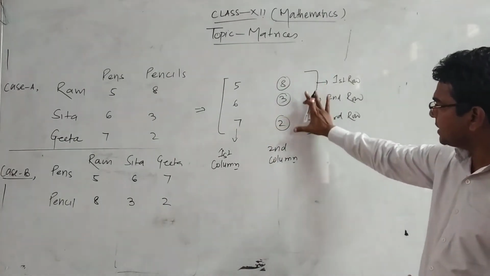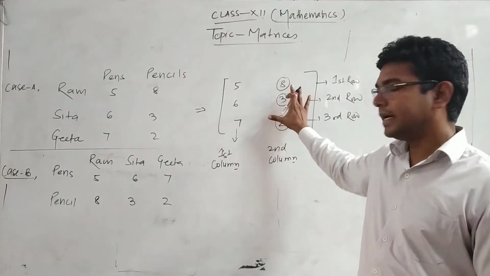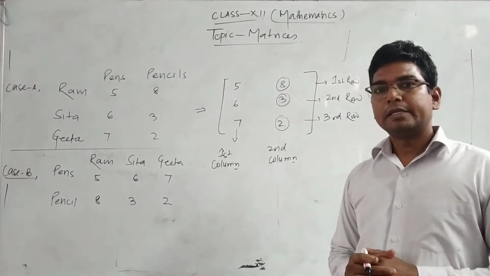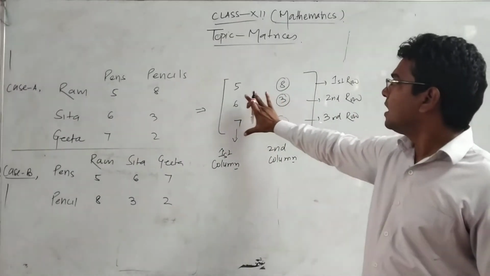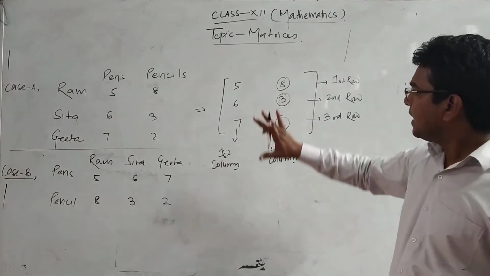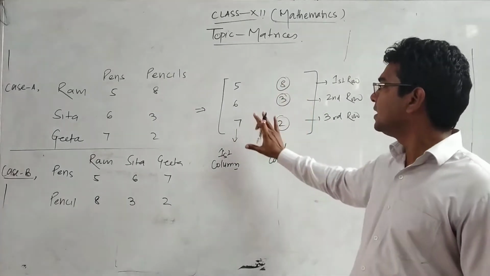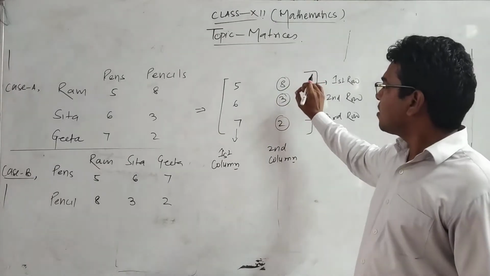And if you visualize the representation of these numbers, it will look like a rectangle. So this is nothing but the same information arranged in a very well ordered way, and the visualization is just like a rectangle. So this is an ordered arrangement.